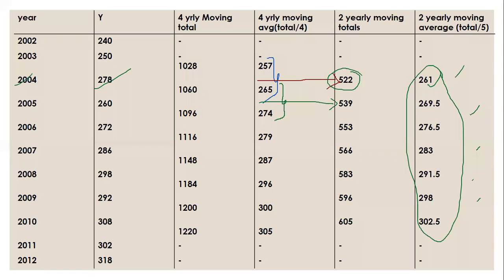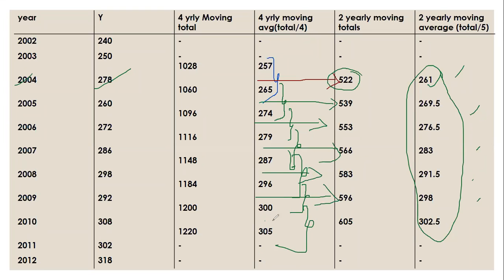So that is the major reason why I'm stressing so much to write the values in the center of the two numbers or 4 numbers or 3 numbers or 5 numbers that we take. So we are going to find the total of two numbers and then we write it in between them.